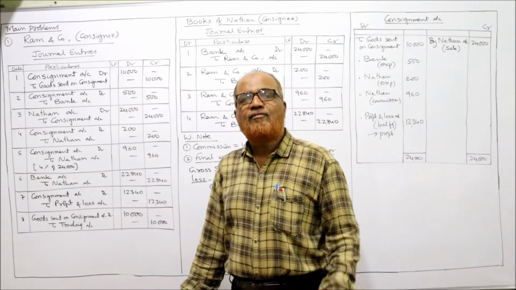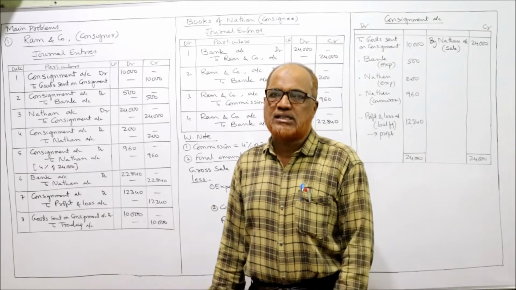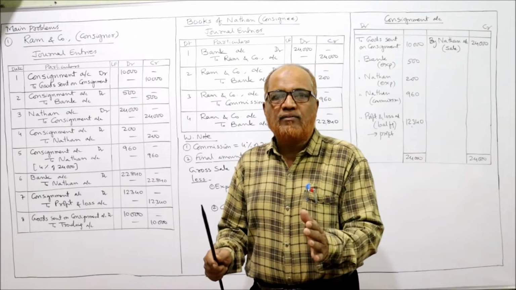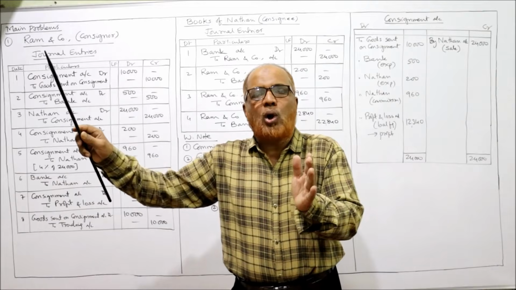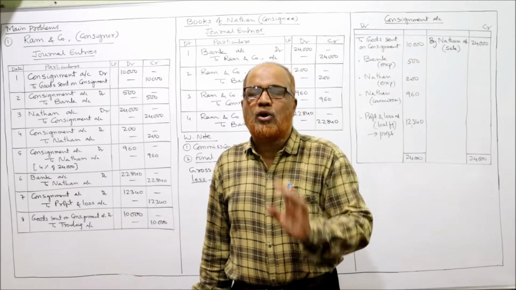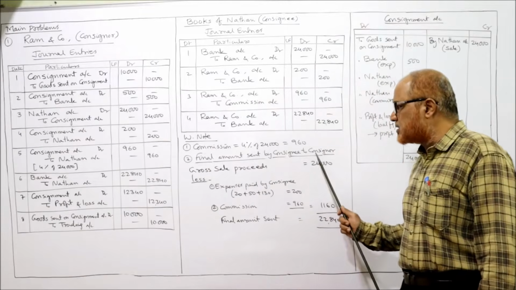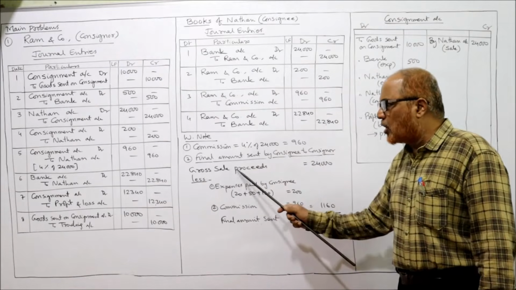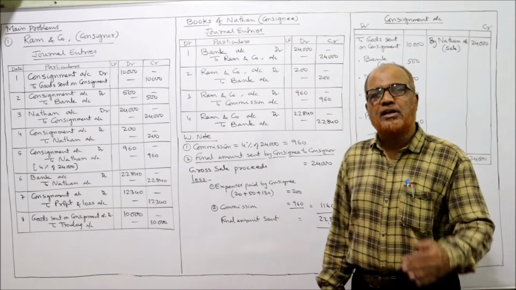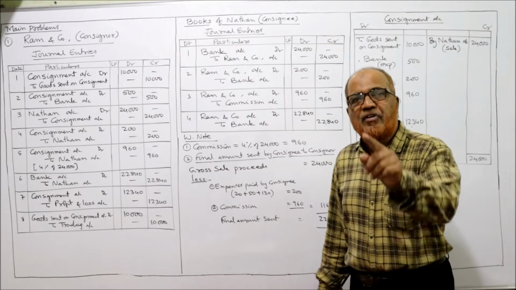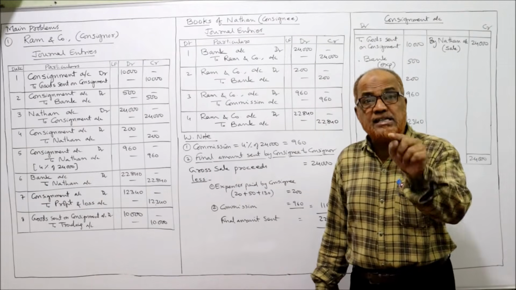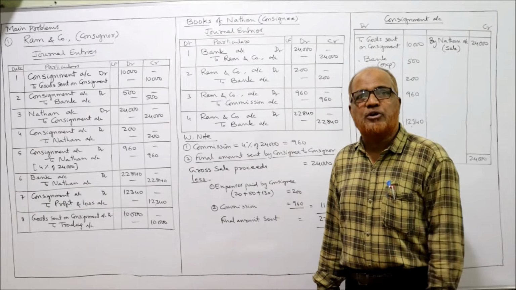Next comes the final amount received from the consignee. The consignee has sold all the goods for rupees 24,000. Here you can see the final amount sent by the consignee to the consignor. Gross sale proceeds 24,000. From this, he deducts his expenses and his commission.